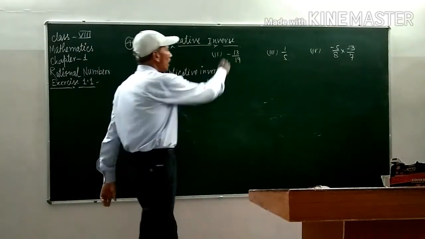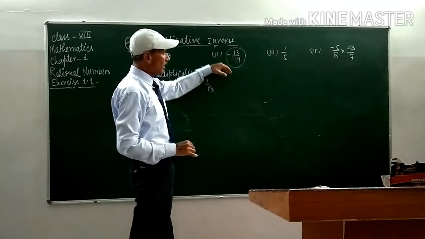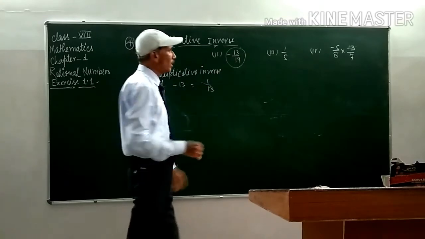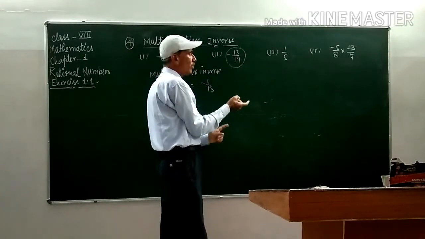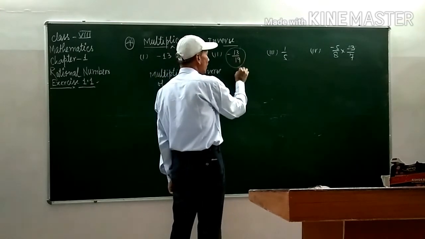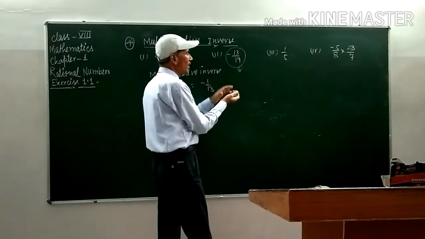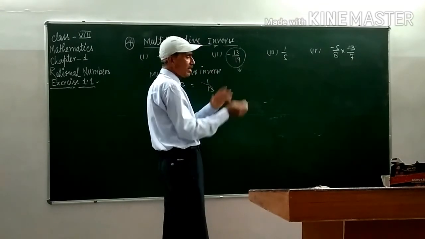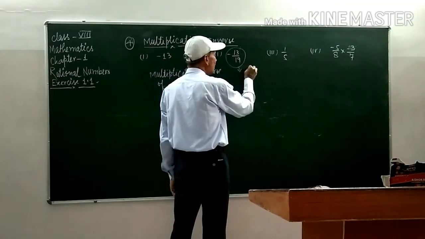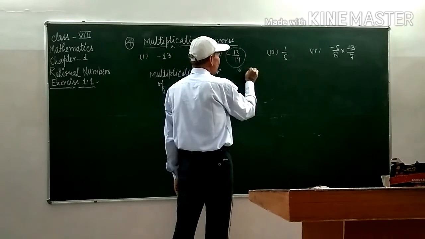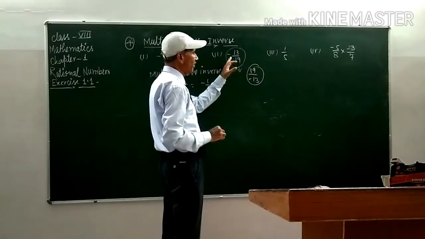Clear? So again this number is a negative number, so the multiplicative inverse of this number will also be a negative number, and you have to change the numerator and denominator. If you are going to write the multiplicative inverse of this number, you have to take the denominator as the numerator and the numerator as the denominator, meaning you have to write the reciprocal of this number. It means 19 by minus 13 will be the multiplicative inverse of this number.